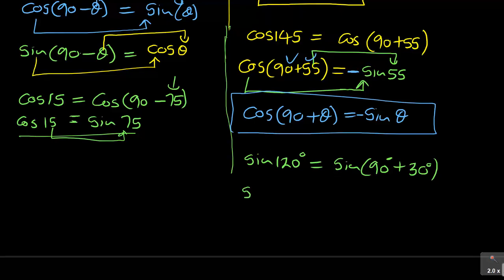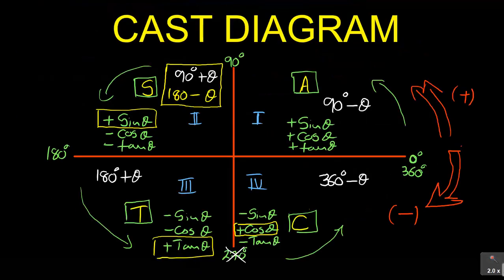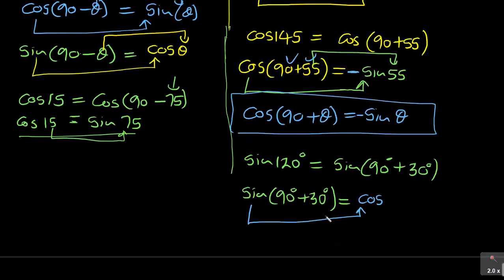Now, if I write sine of 90 degrees plus 30 degrees, it is equal to, now you use the same thing: the cofunction of sine is cos. And I ask myself, what is sine in quadrant number 2? Sine is positive, which means there is no change in sign when I'm dealing with sine.